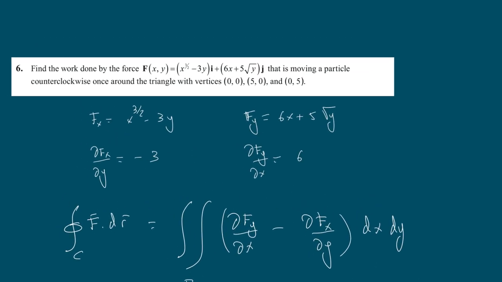But it said that it is a triangle. So this is 0, 0, this is 5, 0, and 0, 5 is here.